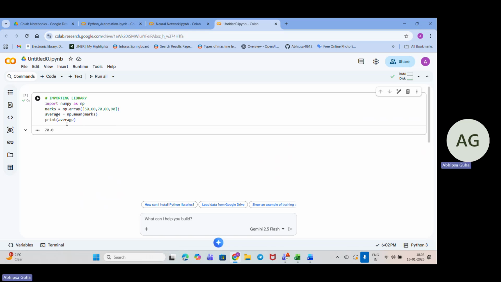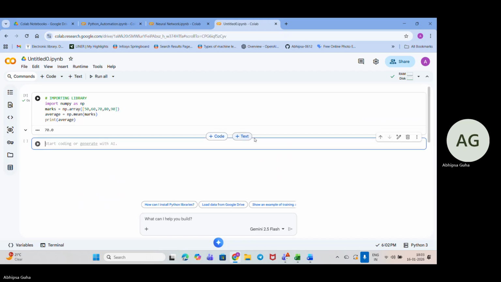Now, the same thing we are trying to do with pandas. Okay, so we are importing pandas as PD. Now here we are creating a table.